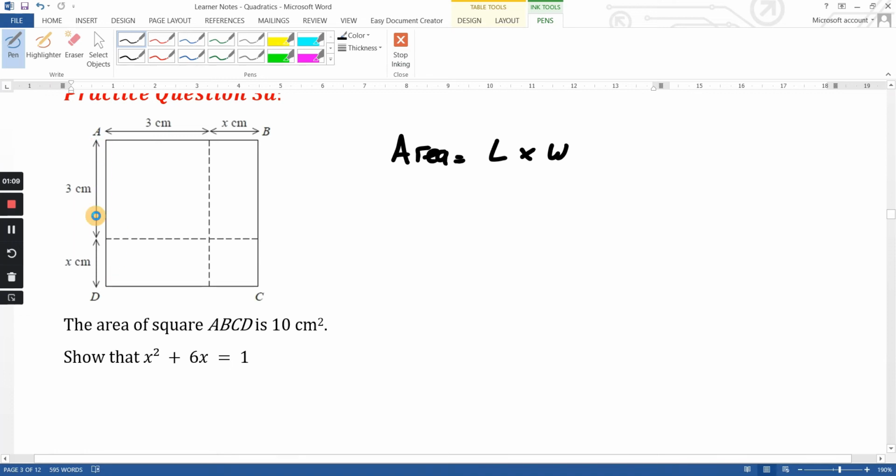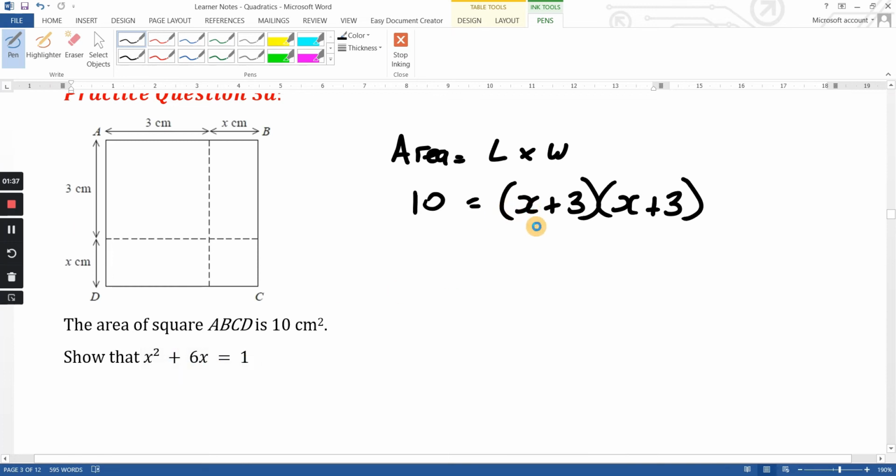Well, one length is all of that, which is x plus 3. Let's put it in brackets, multiplied by x plus 3. Yep, that's the length, that's the width. And the area is 10, so that goes on that side. Let's expand this, and we eventually should end up with something like this.